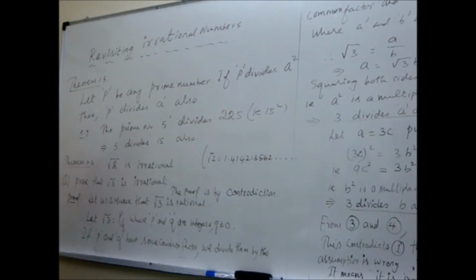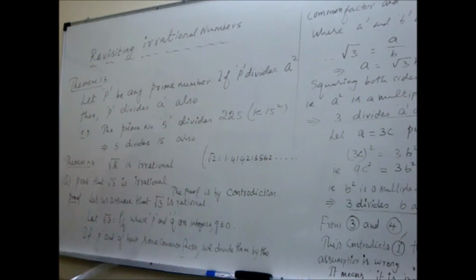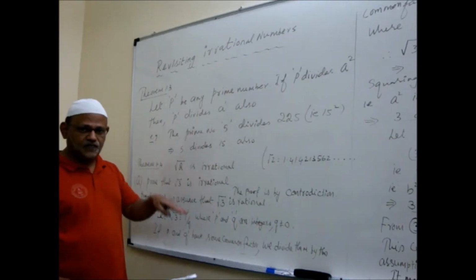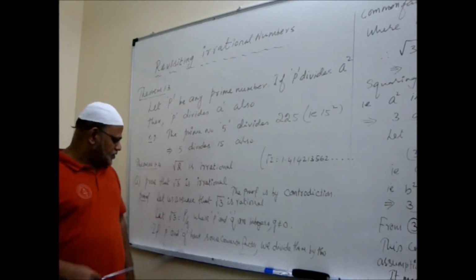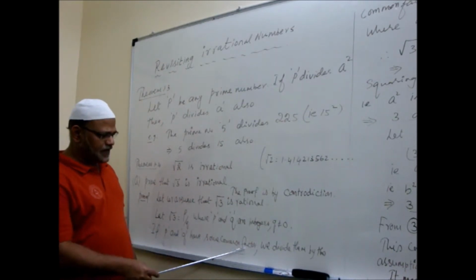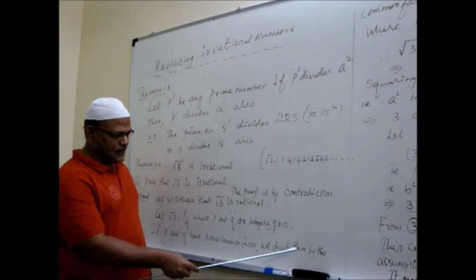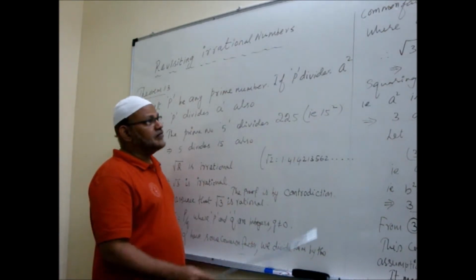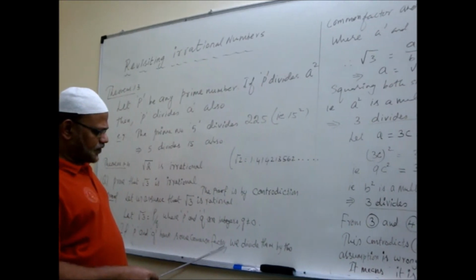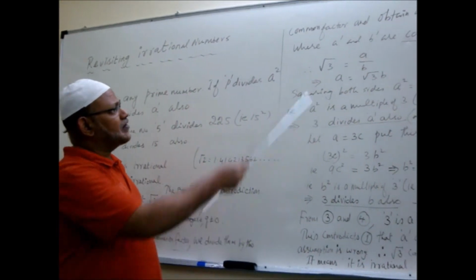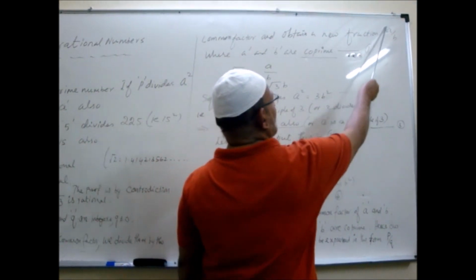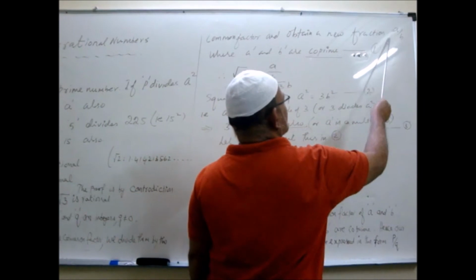If they have, or they don't have, no matter. If they have some common factor, what we have to do? First thing, you have to simplify the fraction to the lowest terms. Means you have to divide the numerator and denominator p and q by the common factor, and obtain a new fractional form, a by b.